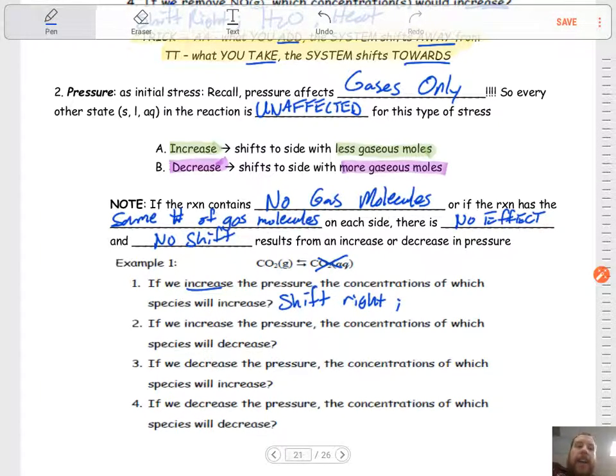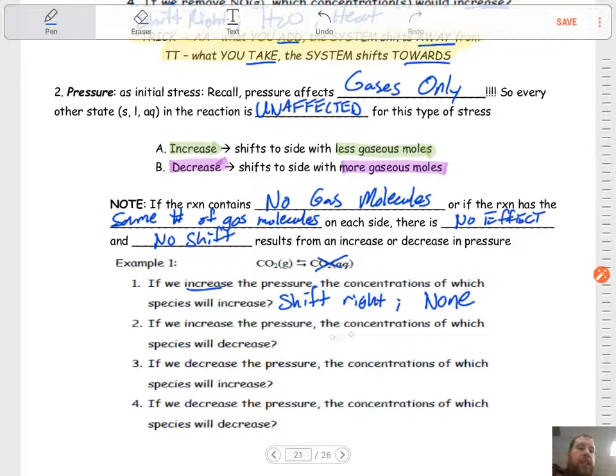What kind of effect is that going to have? Well, take a look, guys. We already crossed out on the right. There's no gases. So there is no effect, okay? None will increase their concentration, okay? So pressure is going to move to the left side of the gas moles, but that's not going to be changed because there are no gases over there.